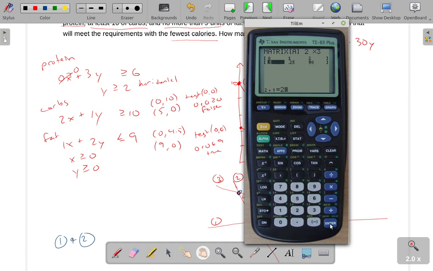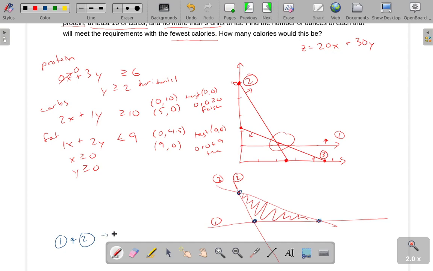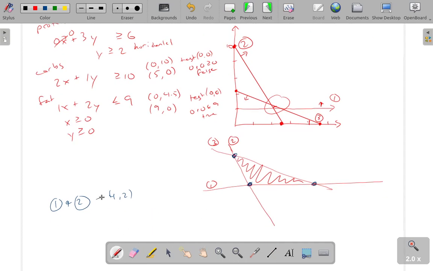Line 2 is 2x plus 1y equals 10. And when I run RREF on matrix A, I end up with the point (4, 2).